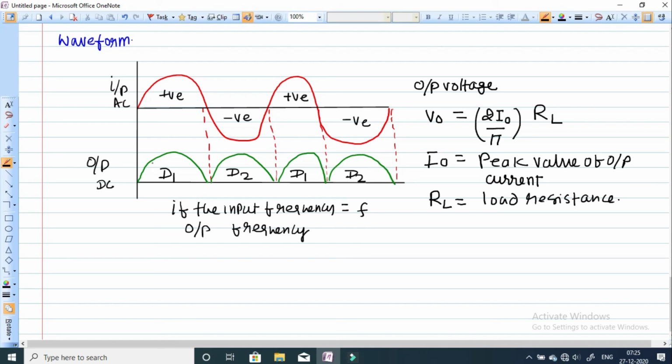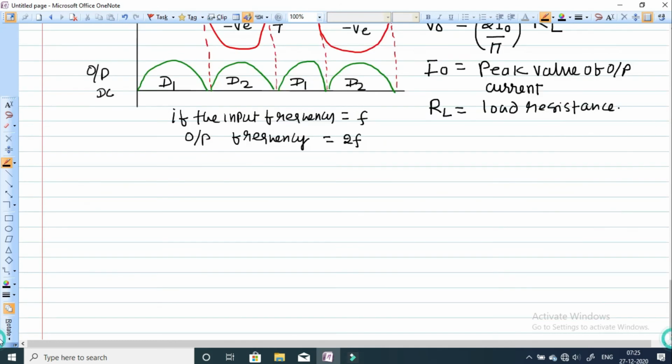This is repeating in half cycle. If the total time period is T, then its time period will be just T by 2. In half of the time period, it is repeating its waveform. So the output frequency will be equal to 2f in case of a full wave rectifier. In case of a half wave rectifier, the output and input frequency will be the same.